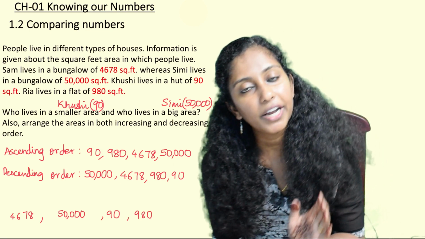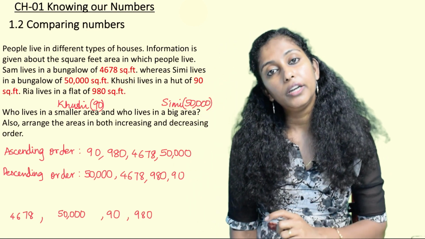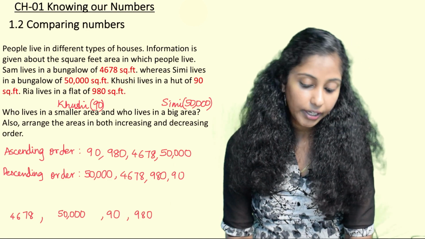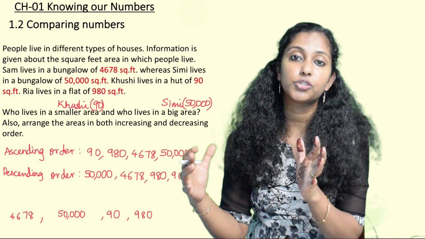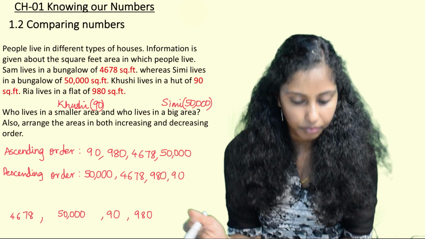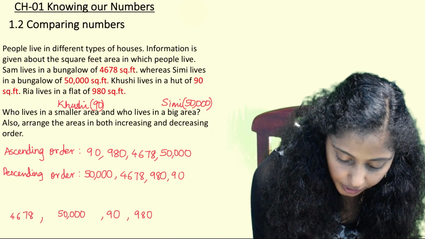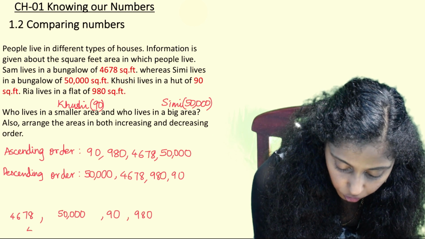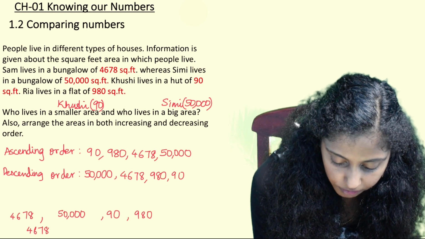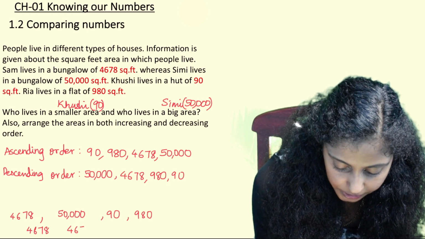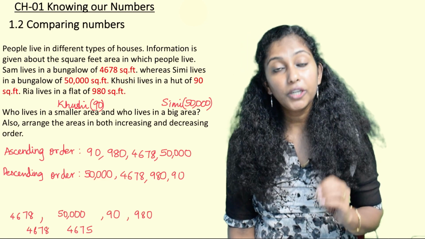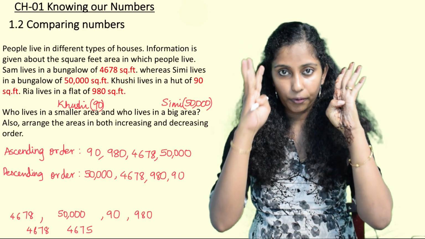So we can compare the numbers by checking the number of digits in them. But then you will think it is not necessary that every time the number of digits will be different in different numbers. There can be an instance where, for example, I take 4678 and I take 4675. Here both the numbers have absolutely equal number of digits, that is 4 and 4.